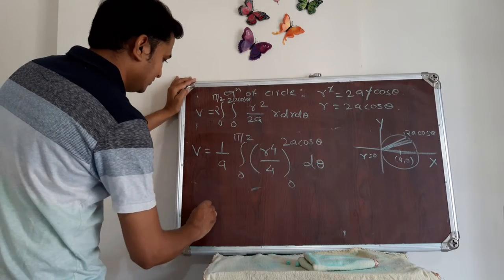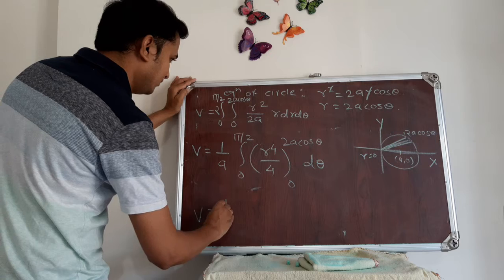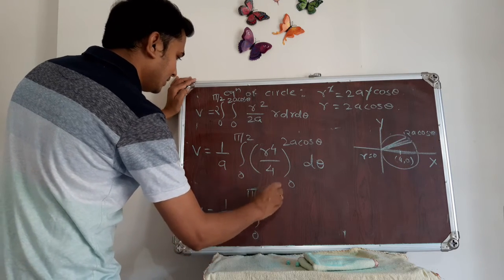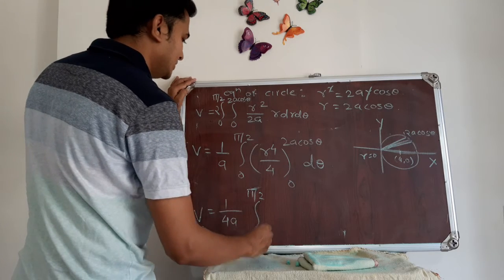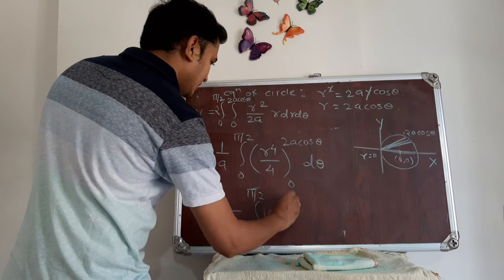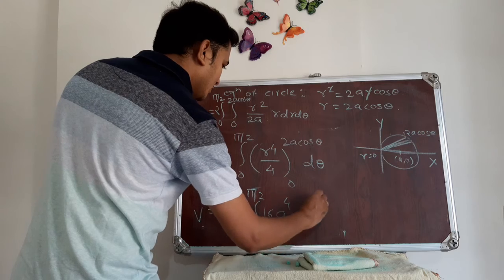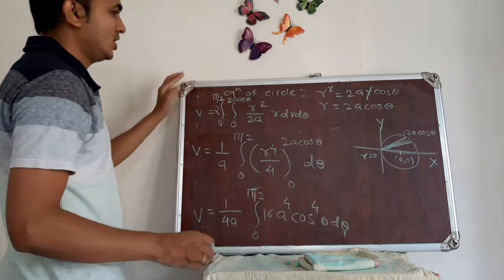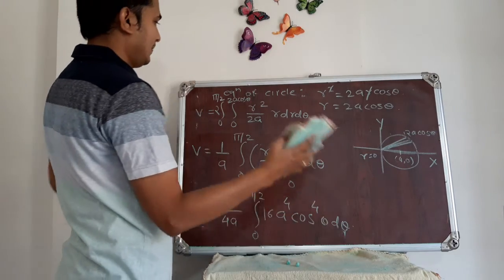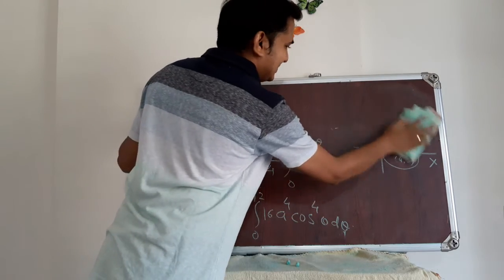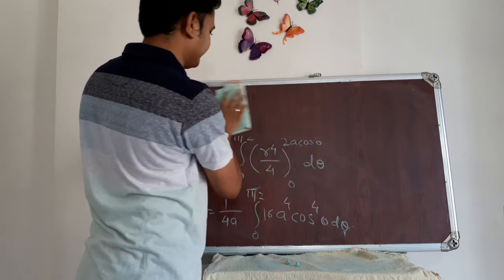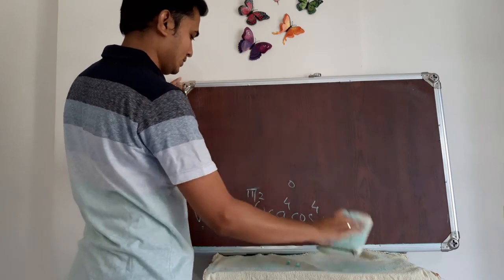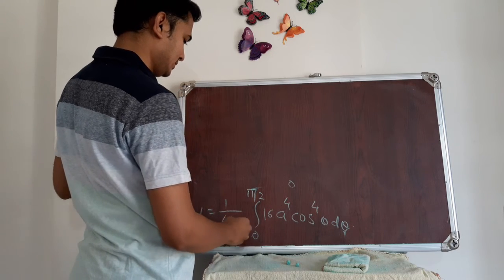Then V is equal to, with this 4 out, 1/(4a) integral 0 to π/2 of r⁴. So 2⁴ is 16, a⁴ cos⁴θ dθ. So 16 over 4 is 4, and this a will get cancelled, giving a³ integral 0 to π/2 cos⁴θ dθ.